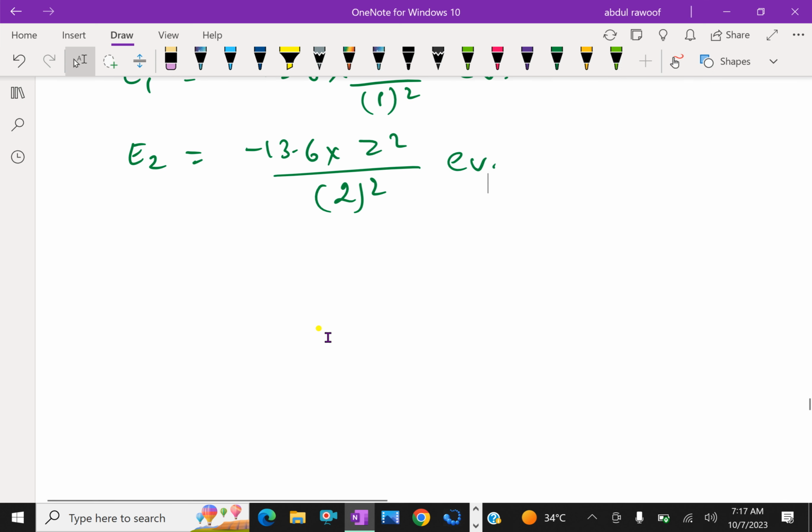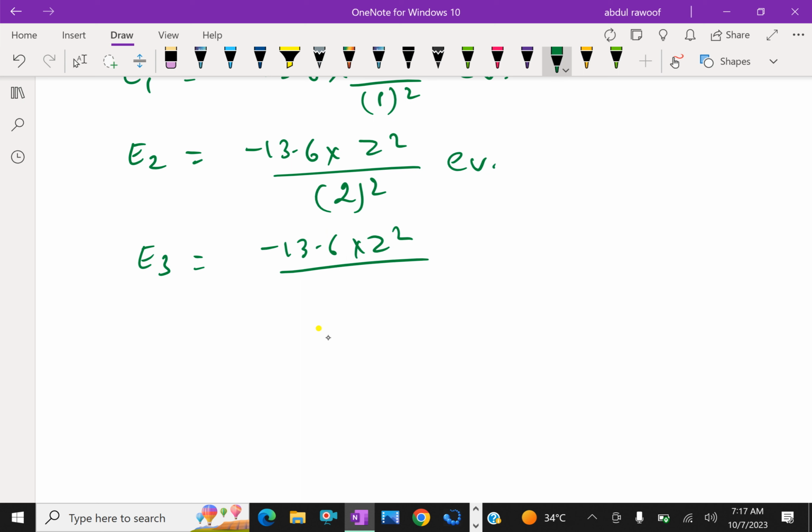Then n equal to 3, that is energy 3, minus 13.6 z square over 3 square electron volt.